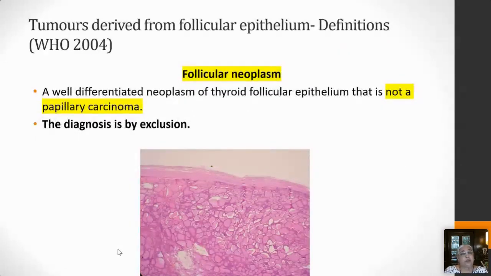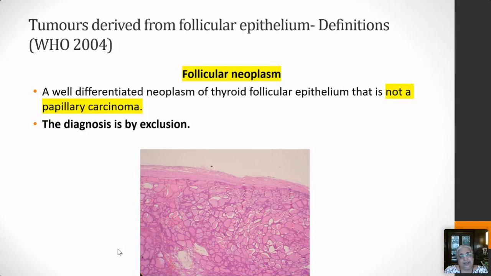So then, what about the follicular neoplasms? And I think it becomes very clear that a well-differentiated neoplasm of thyroid follicular epithelium that is not a papillary carcinoma is a follicular neoplasm. In other words, a tumor that does not have the nuclear features of a papillary thyroid carcinoma is called a follicular neoplasm.